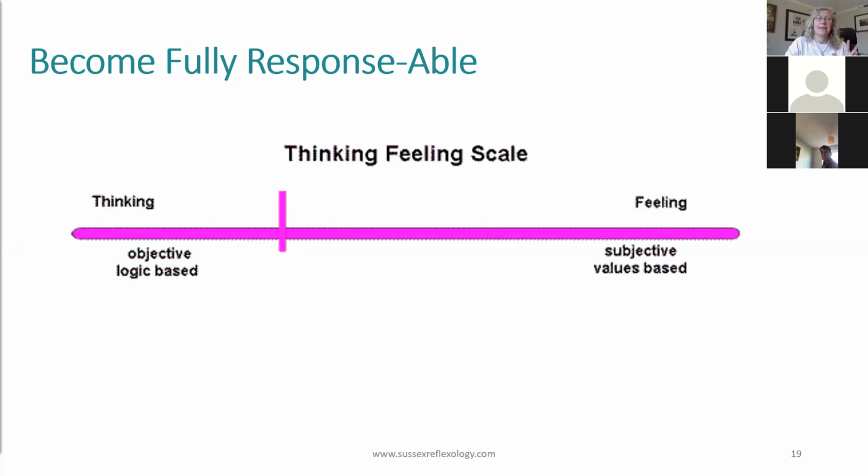The interesting thing is that when you are very stressed, stress can really disrupt this thinking-feeling scale, because when your amygdala has fired off your stress response and your cortisol that's surging through your body actually shuts off access to the front part of your brain, the prefrontal cortex, which is the very rational part of your brain.